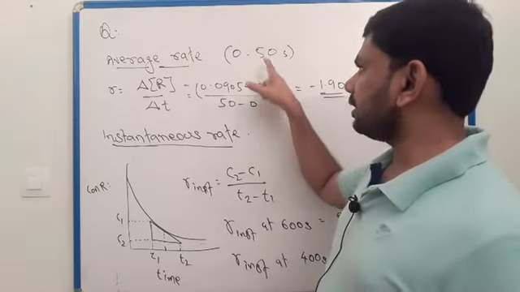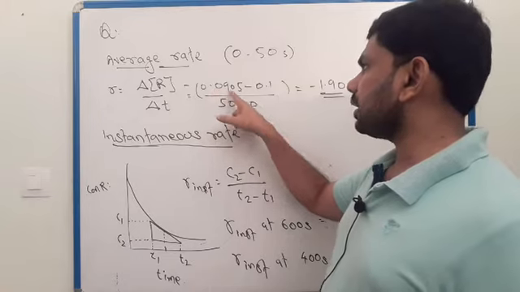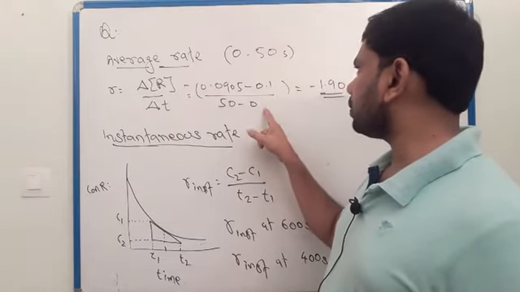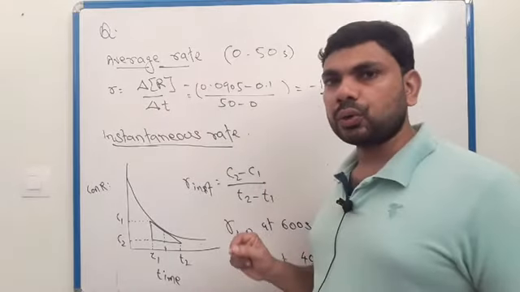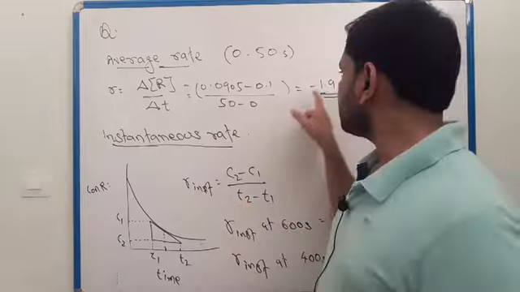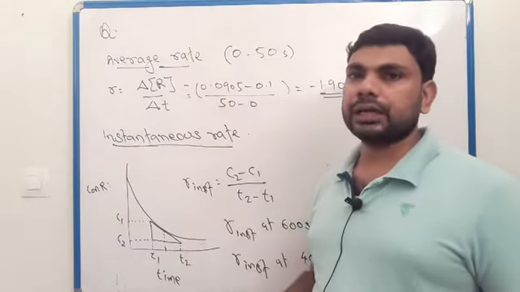At 50 seconds, the concentration decreased to 0.0905. So minus (0.0905 minus 0.1) divided by 50 minus 0. The answer will be 1.90. The negative sign indicates that the amount of reactant is decreasing with time.